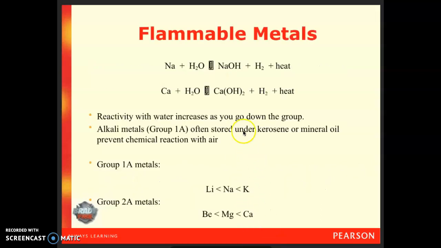So if we look at it from that context, sodium, when it reacts with water, will form sodium hydroxide, a base, hydrogen gas, which is flammable, and heat. And if you get enough of these going on, the heat is high enough that it might eventually burn the hydrogen, and you have a fire on your hands.